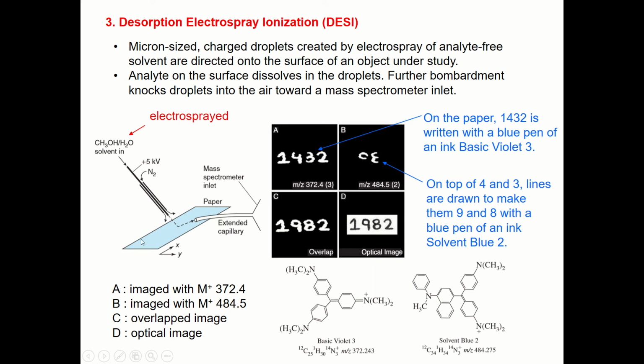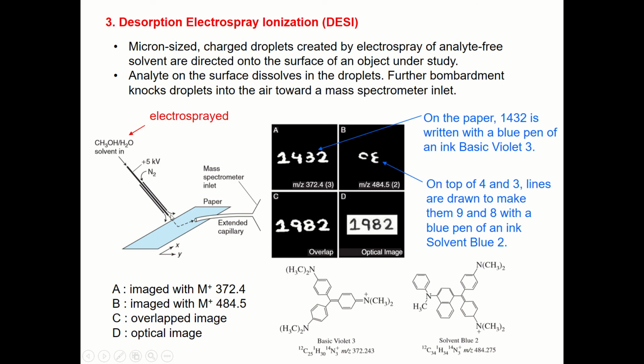And then this is scanned over the surface, and this surface information is detected by what? A mass spectrometer. Ions on the surface dissolve in the droplets. Further bombardment knocks the droplet into the air towards the mass spectrometer inlet.